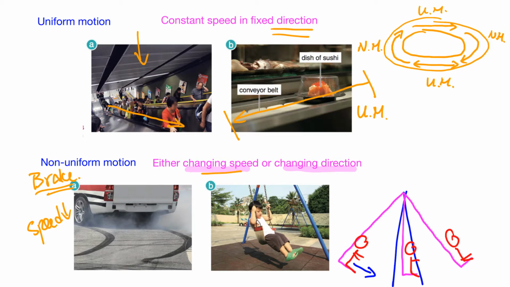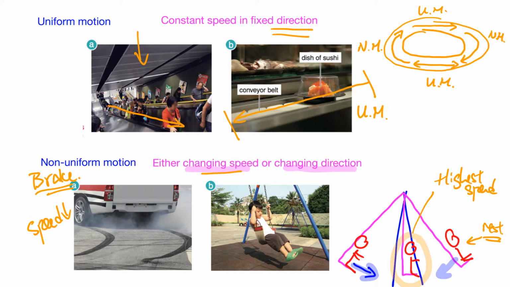But when it goes to the other side, the highest point, it will go back. So the direction of motion changes. Also, in the middle, it should have the highest speed. And at the highest point, you are momentarily at rest.